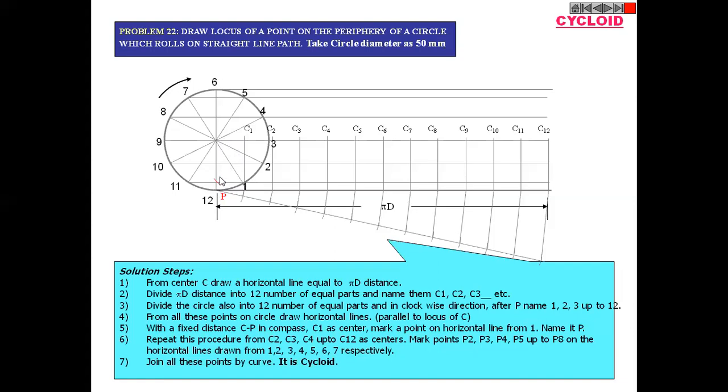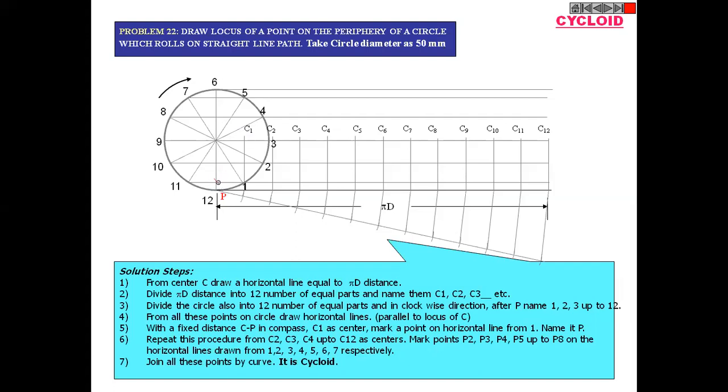So here we get one point. This point is the position of point P when the center shifts from C0 to C1. So this is our first point when the circle is at the C1 position.